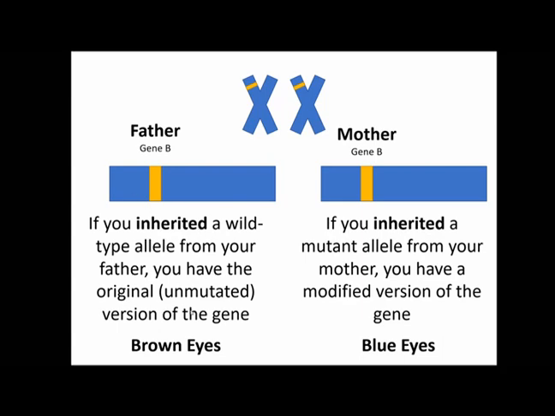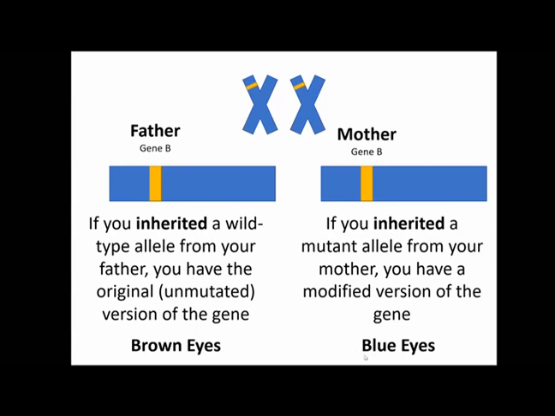What if we have another version of the gene? If you inherited a mutant allele, so something other than the wild type, a version of the gene that's changed a little bit, that's going to produce a different pigment. If you get this mutant allele from your mother, you're going to have a modified version of the gene. Since the original version of the gene made a brown pigment, this version is probably going to make a different kind of pigment.